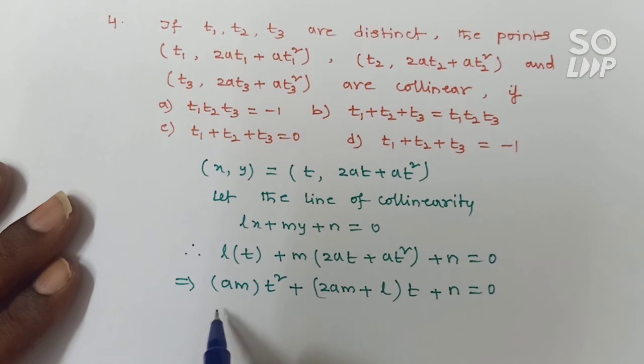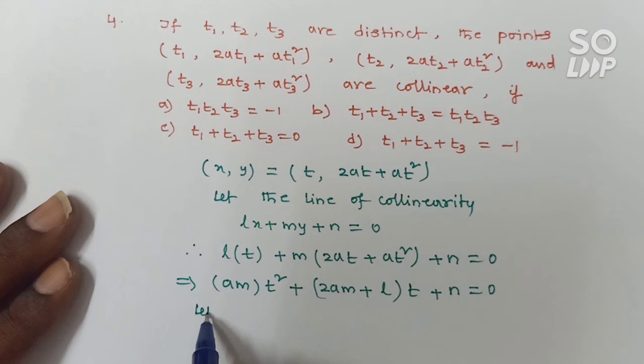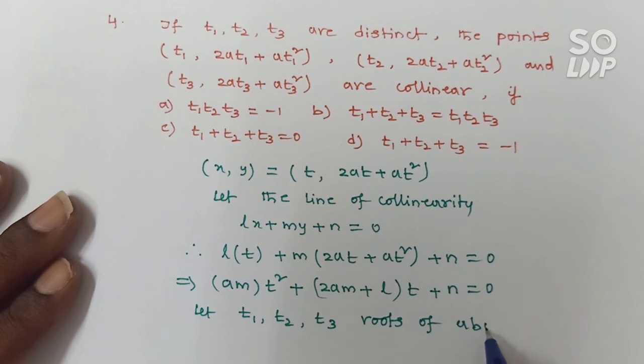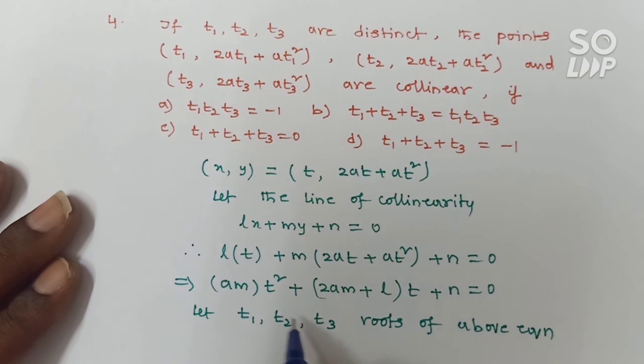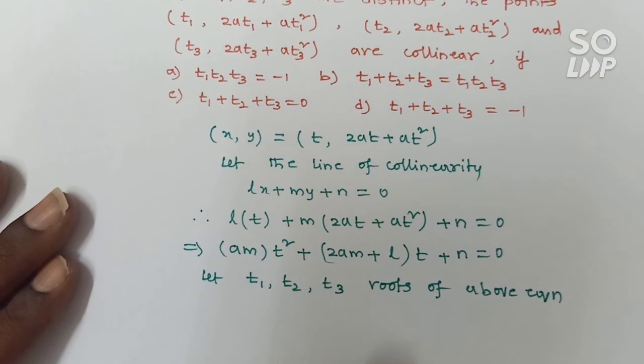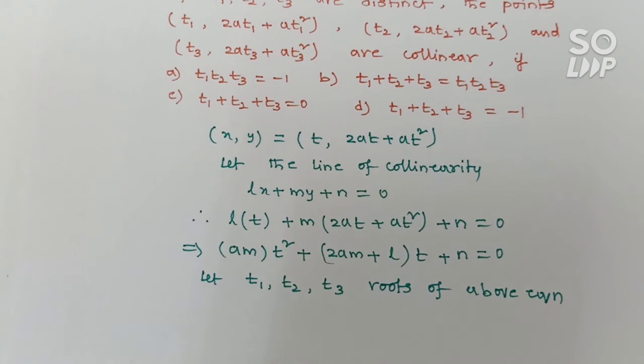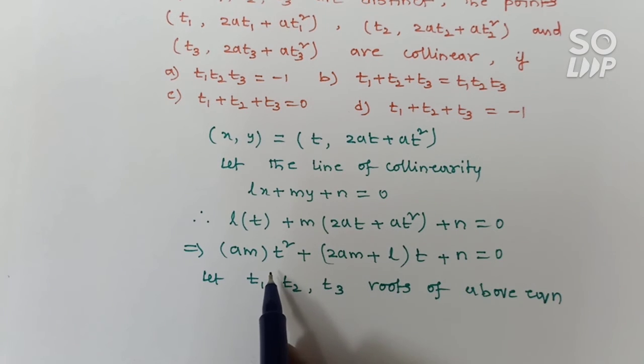Let t1, t2, t3 be the roots of the above equation. In which form must the equation be? Sorry, it must be in cubic form.